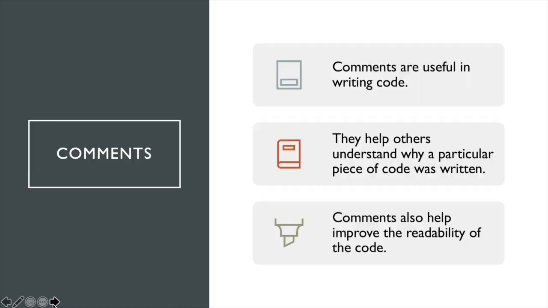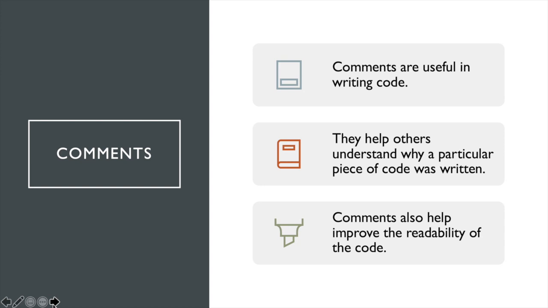Okay, and to the next thing, we're going to learn about comments. Comments are quite important when it comes to writing code. What comments do is that they help people to understand the particular piece of code that has been written. An example is that let's say I was writing my own code. It's quite important for me to write comments because in case someone else encounters my code and they want to know what it does, the comments would be the go-to thing.